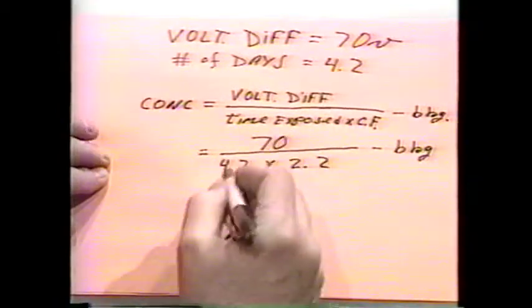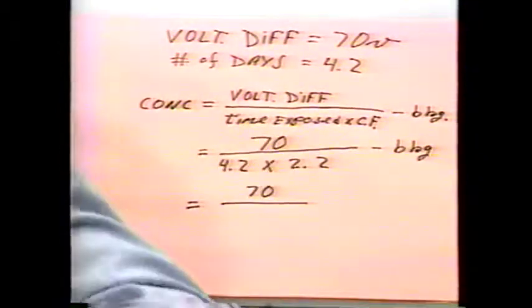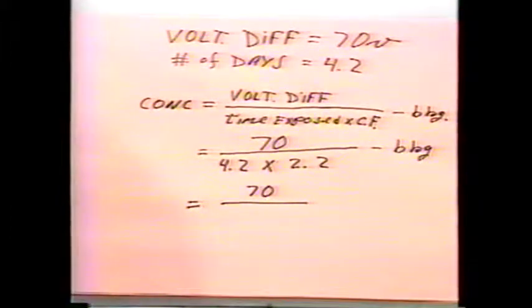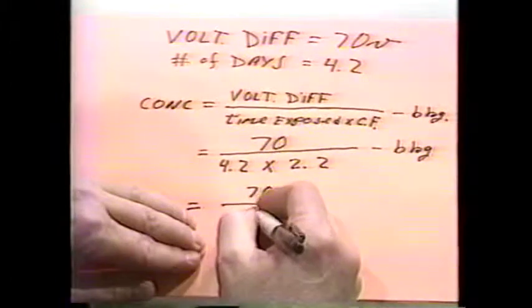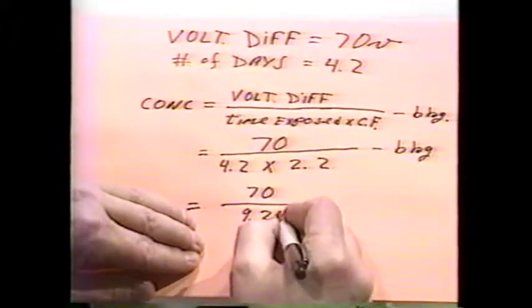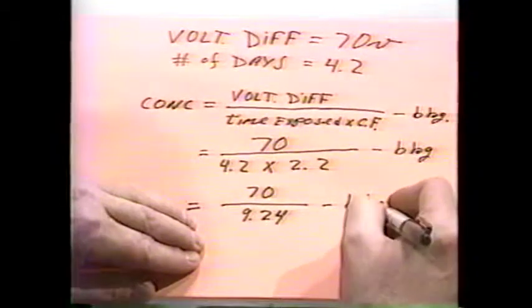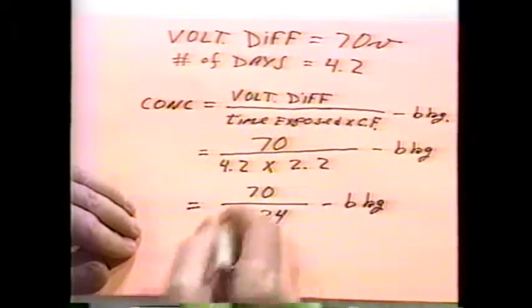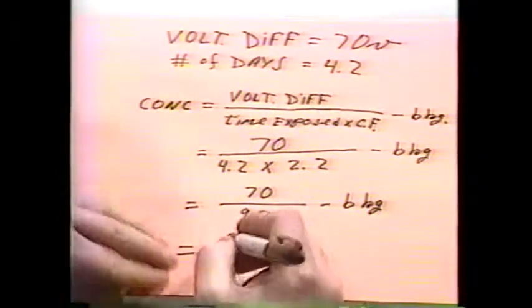Now, 4.2 times 2.2 is 9.24. And then again, we still have minus the background. And so 70 over 9.24 is 7.58.